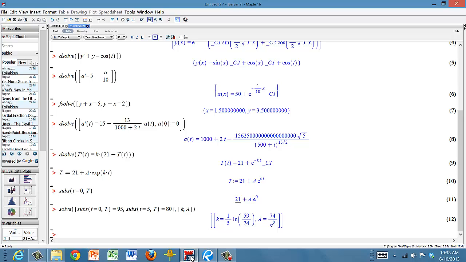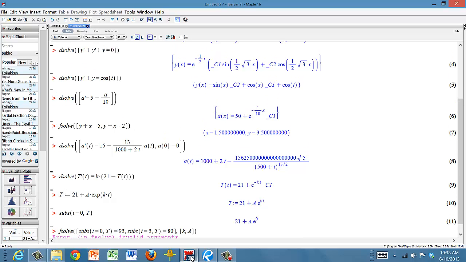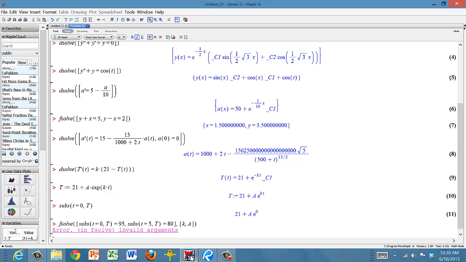Those are pretty ugly, so I could do an fsolve there. Well, that's not working. The other thing I can do is evalf.